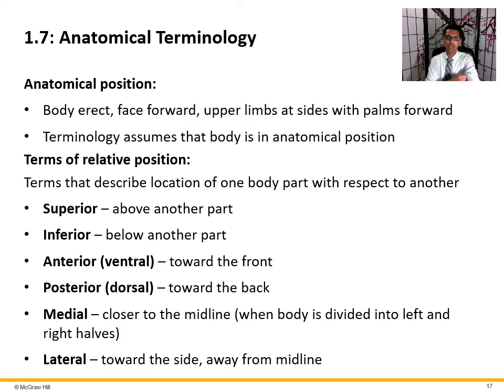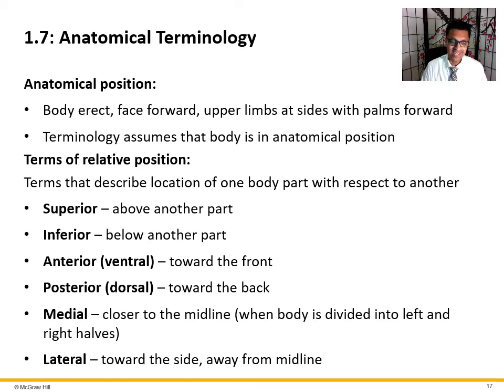Now you do want to know, if I'm describing somebody, some of this anatomical terminology. So superior means above, inferior means below, anterior means front, posterior means toward the back, medial is toward the midline, and lateral is away. So let me give you an example.